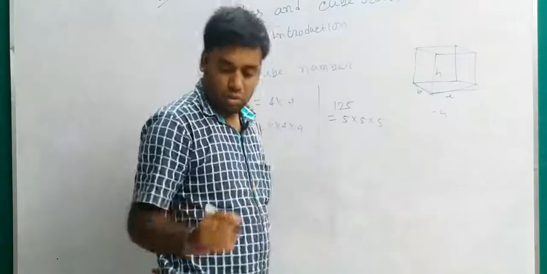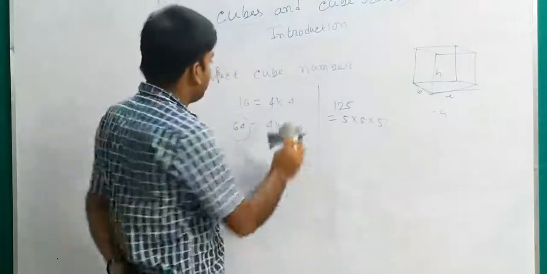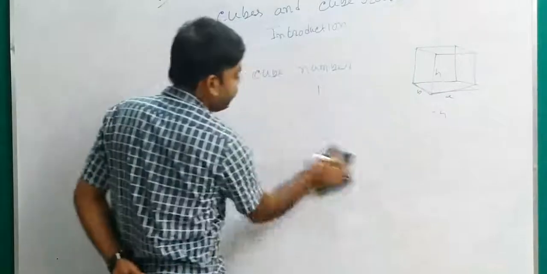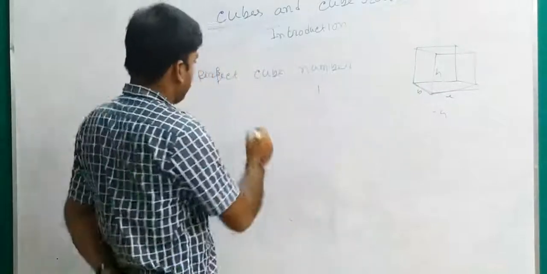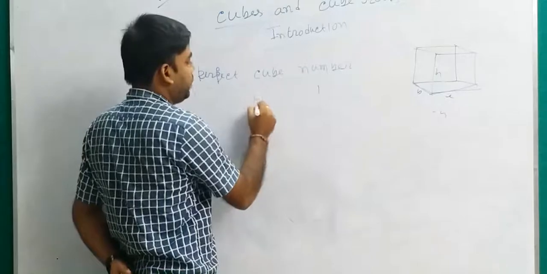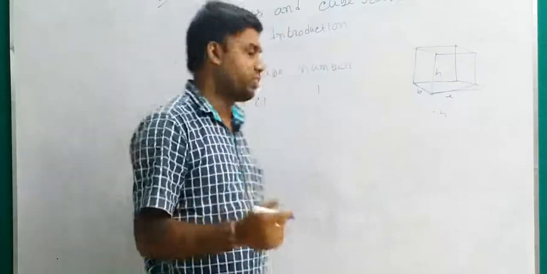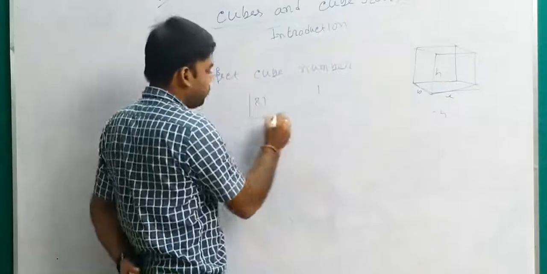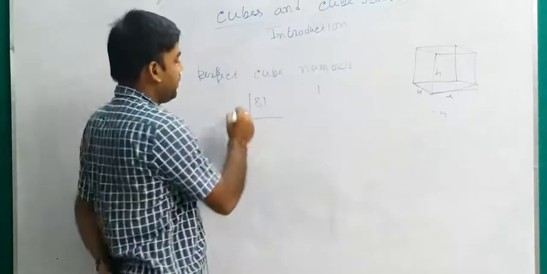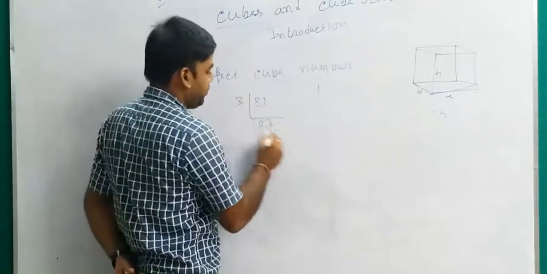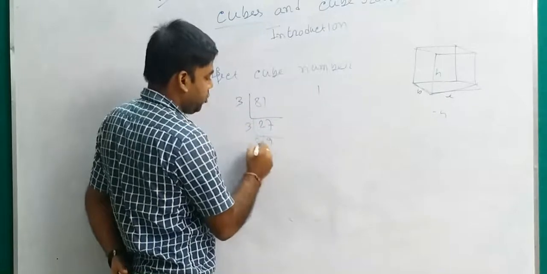Now I will check 81. Is 81 a perfect cube number? Let us check. To check it, first factorize it: 3, 27, 3, 9, 3, 3.